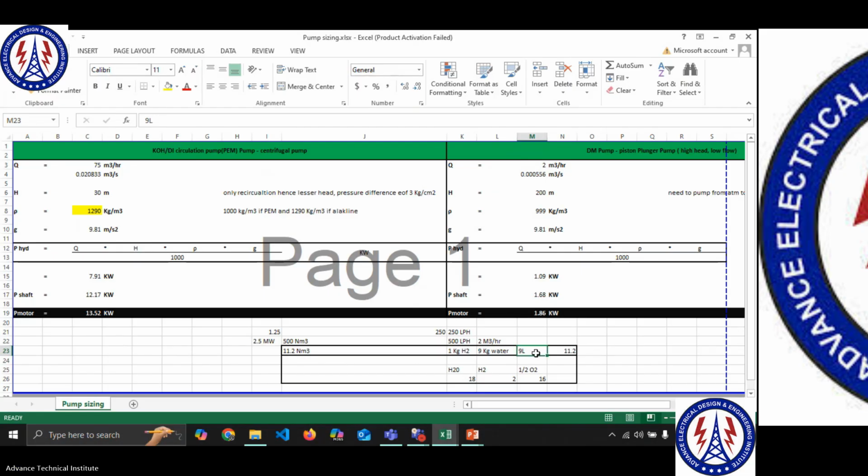So 9 liters will produce 11.2 Nm cube theoretically. Yes, I agree. But practically, it is a one-to-one thing. There will be losses in the system, right? So 1 liter of water, if you give to the system, can generate up to 1 Nm cube of hydrogen.